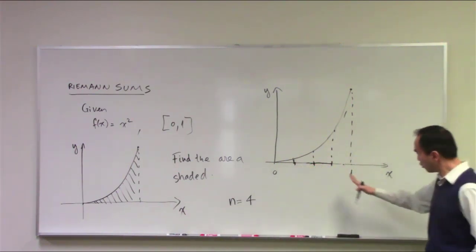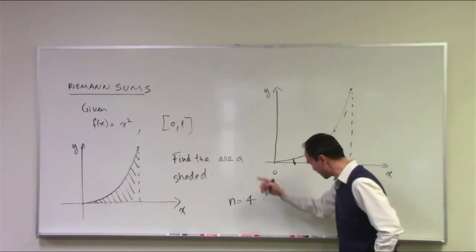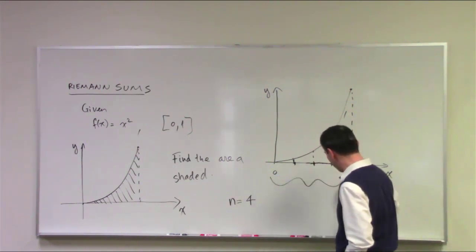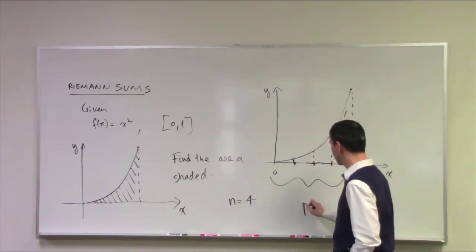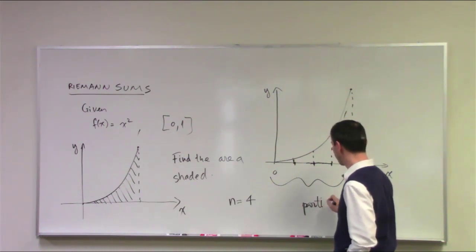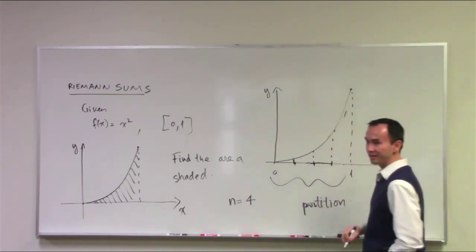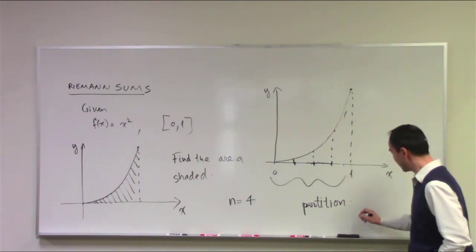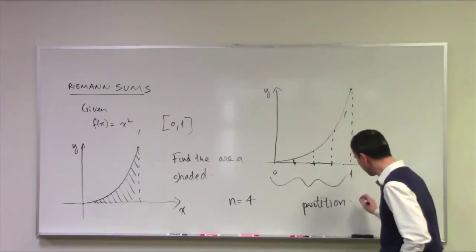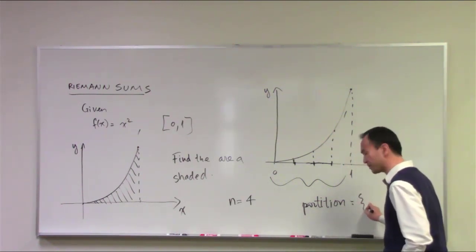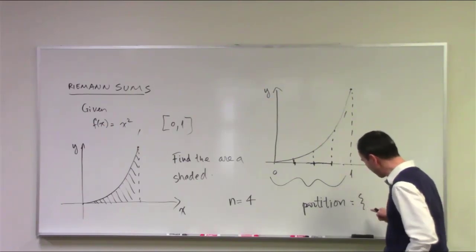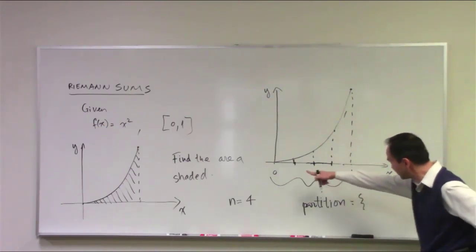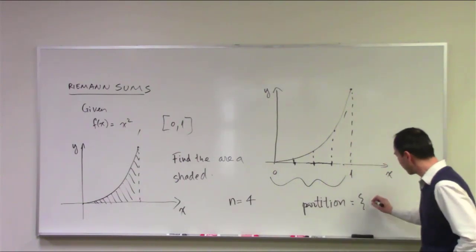So the whole thing here, after breaking it down into 4 sub-intervals, the whole picture right here is called a partition. Think in terms of the set, with curly braces for sets. The starting point of this whole interval is 0, so we call that x sub 0.